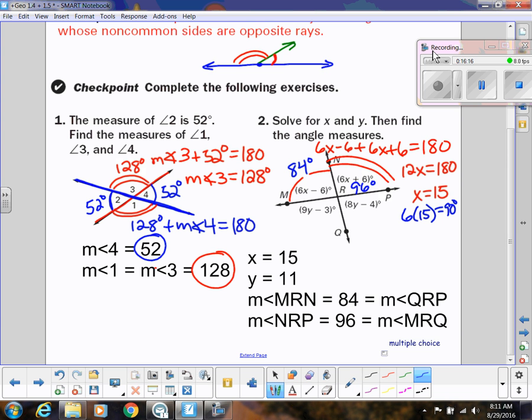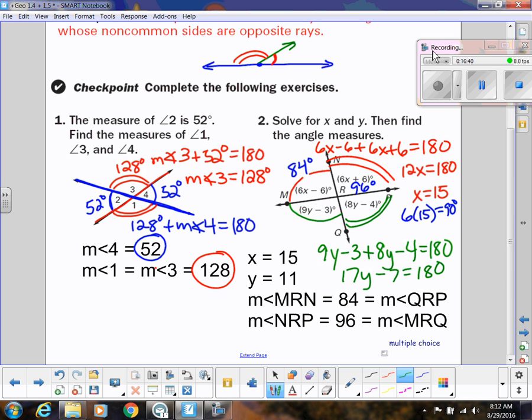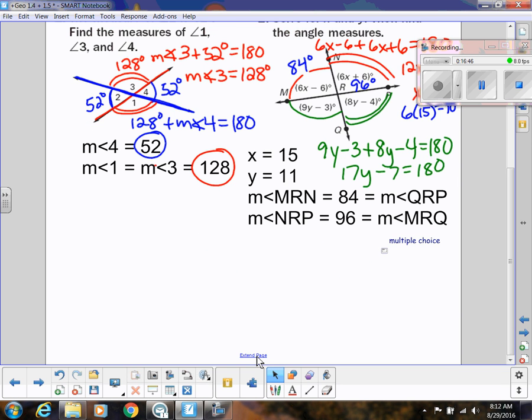All right, so we can use that, and then we can set up another equation for the y. So I know this angle plus this angle will also add up to be 180. I think I just like saying 90. All right, so 9y plus 8y, 17y minus 7 equals 180. I'm going to have to scroll down here. I'm running out of room. So then I'm going to add that 7 over.